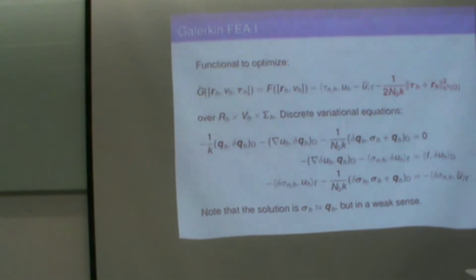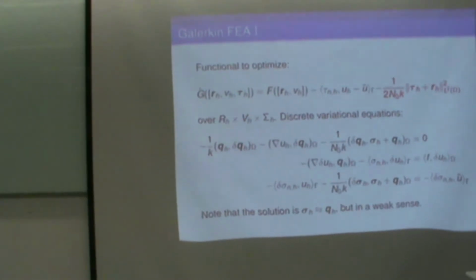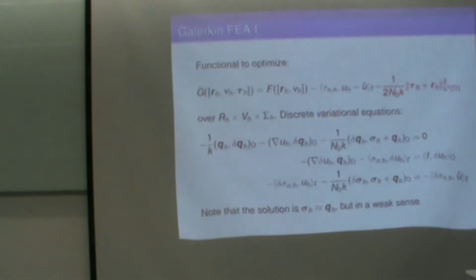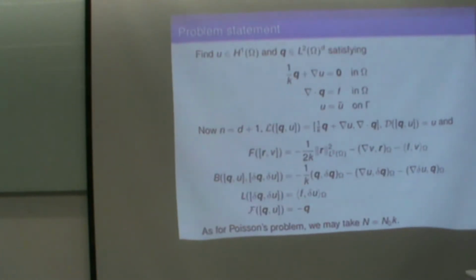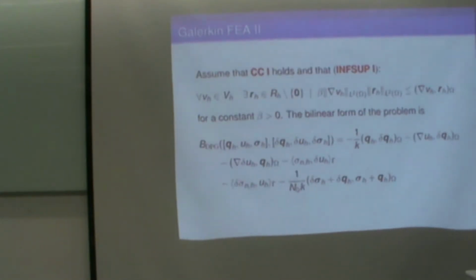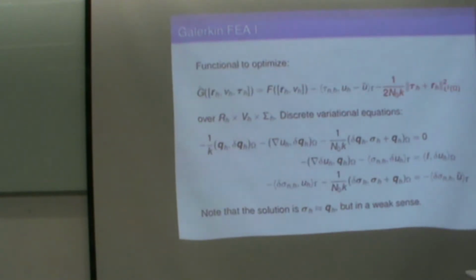We need two things, sorry, we need two things. I don't want to explain much about that, but in fact we need two things. We need, first, a compatibility condition, an inf-sup condition for the approximating space for Q and the approximating space for U, as well as a new condition for that variable sigma_h that we have introduced, the Lagrange multiplier.